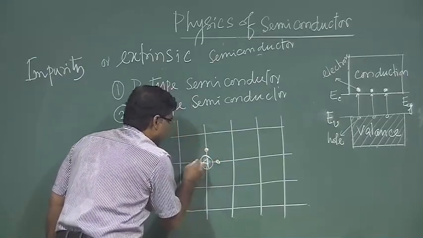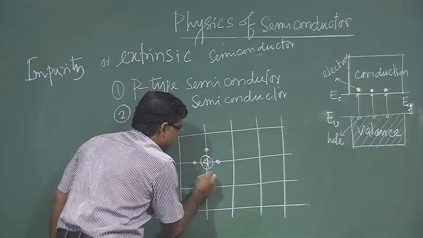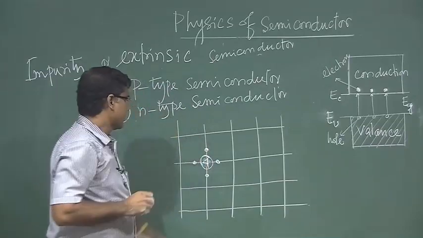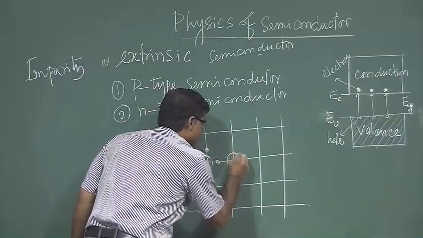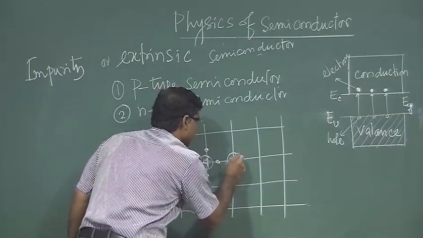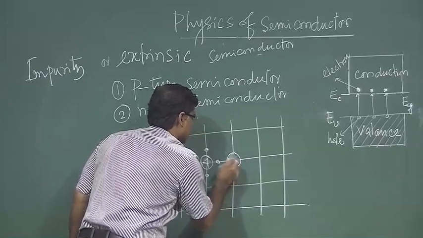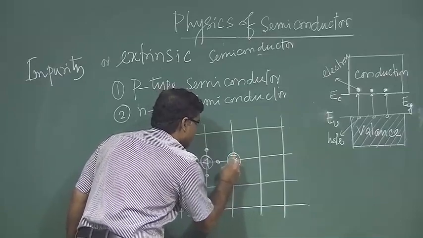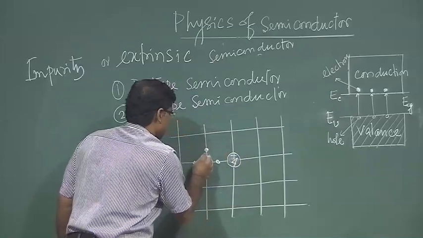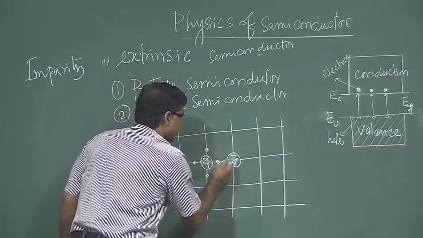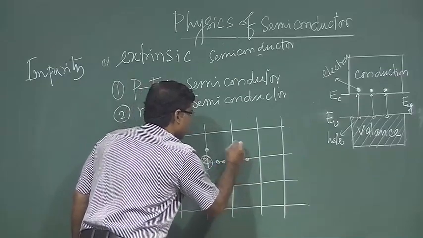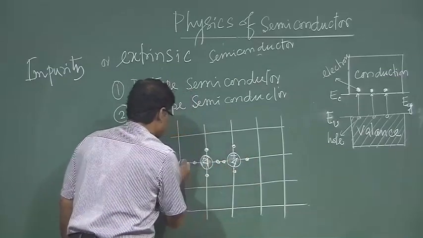It will form bonds with the 4 neighbor silicon atoms. Okay. So, here also similarly we put the positive 4 charge. Okay. So, this way they will share electrons.